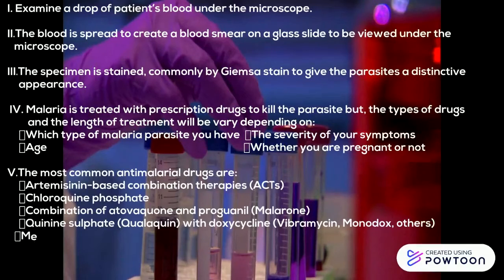The most common anti-malaria drugs are artemisinin-based combination drugs, chloroquine phosphate, a combination of atovaquone and proguanil, which is Malarone, quinine sulfate, which is Qualaquin, with doxycycline, which are Vibramycin, Monodox, and others, mefloquine, and lastly primaquine phosphate.